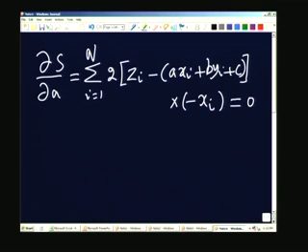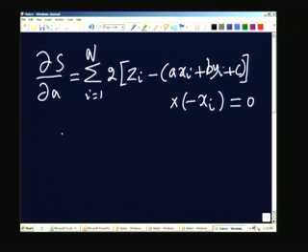Let us just look at the form of this equation. So, I have z_i multiplied by x_i. This is minus into minus, so this becomes plus, and this becomes minus; I will send it to the right hand side. This 2 is a factor which multiplies every term, therefore I need not include it.